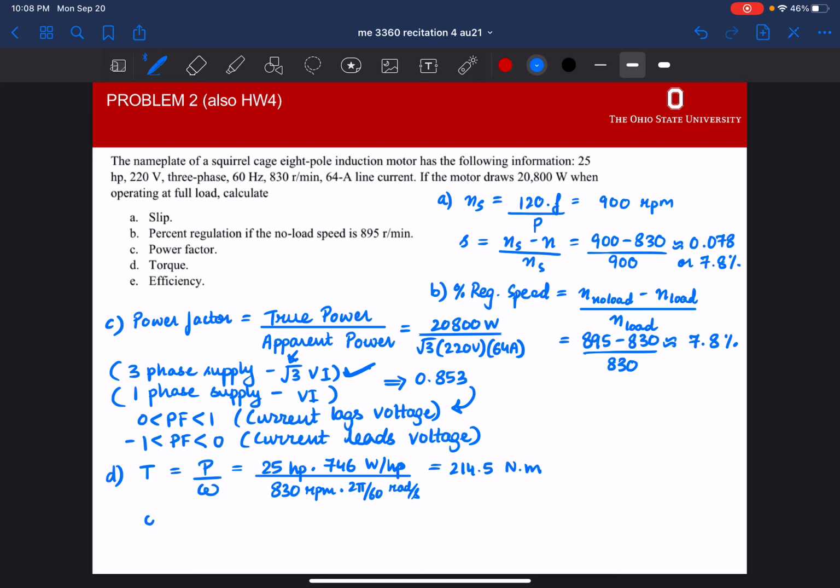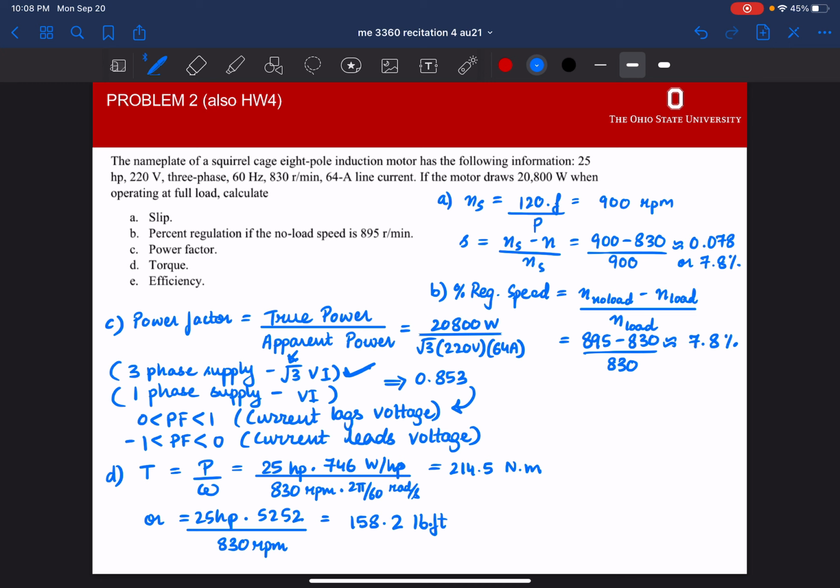Let's say we wanted to find this out in the imperial unit system. We could calculate it as 25 horsepower times this conversion factor over here and 830 RPM, which would give us 158.2 pound-feet.